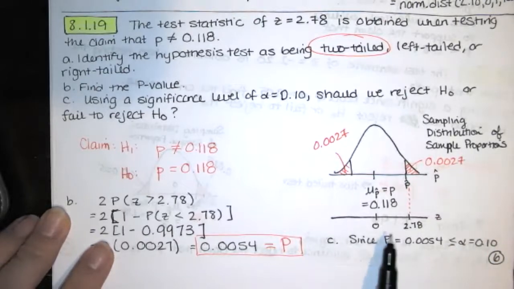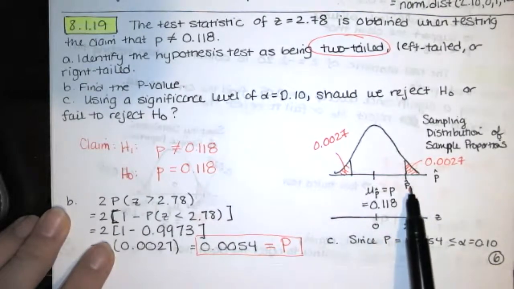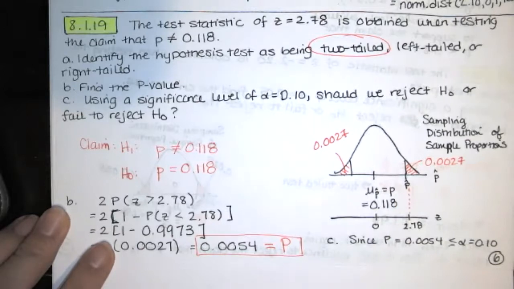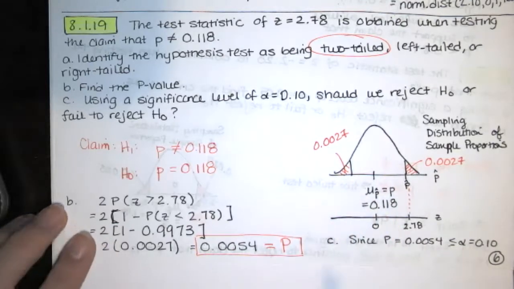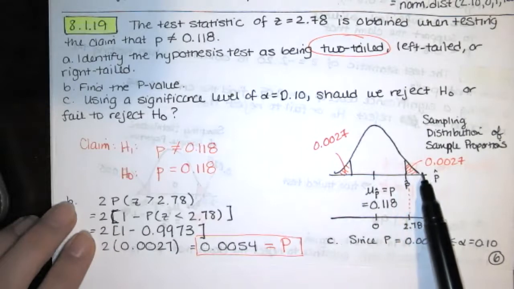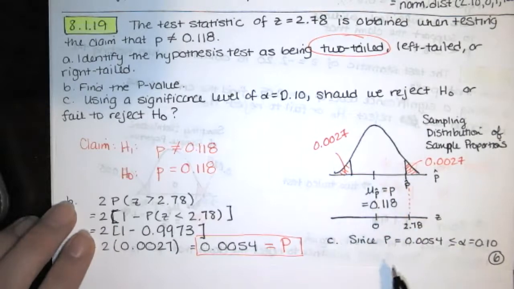that means getting a test statistic that high, or alternatively, getting a value of p hat that extreme, is very rare. What's the probability of getting a p hat value that extreme or more extreme in either direction?